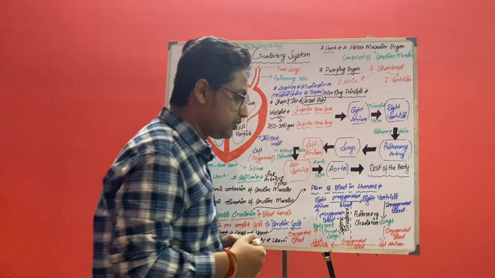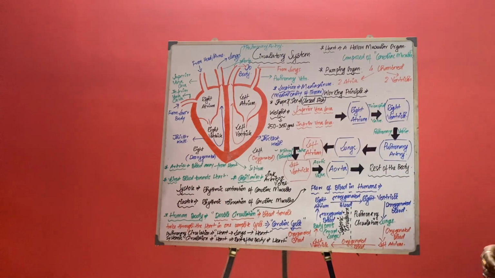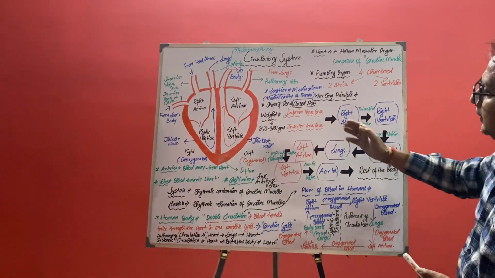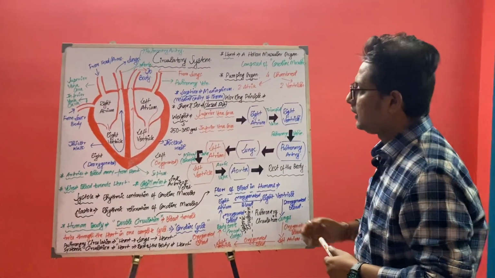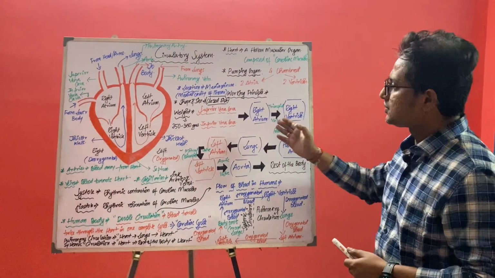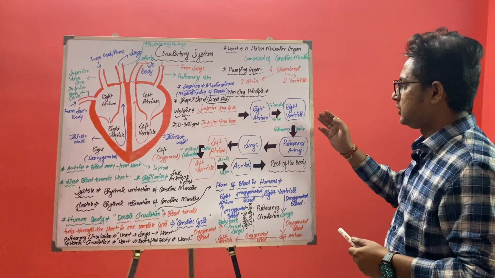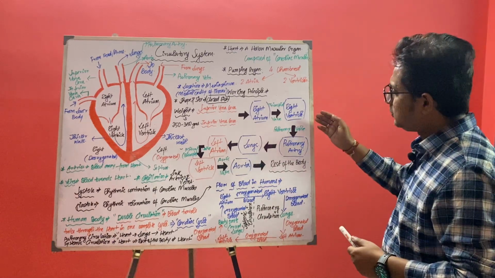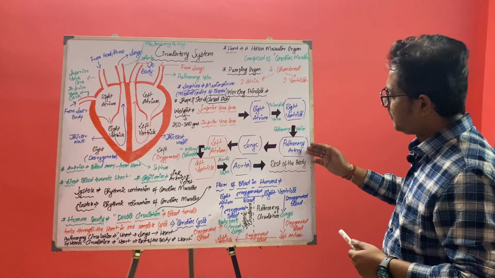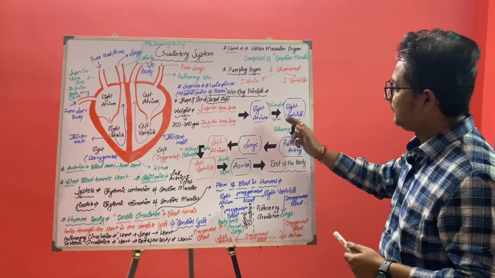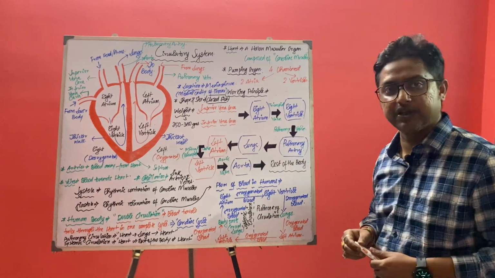If we look into a flow chart explaining the whole process, we see that deoxygenated blood from the superior vena cava and the inferior vena cava enters the right atrium, and via the tricuspid valve it enters the right ventricle. From the right ventricle it enters the pulmonary artery, and this flow is regulated by the pulmonary valve.